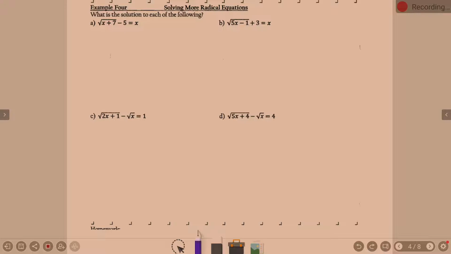The difference in this section, there might be 2 square roots instead of 1. And notice a big difference: there's an x, another x that is outside of the radical. When you have that other x outside the radical, you want to watch out for extraneous solutions, like we talked about on the front.